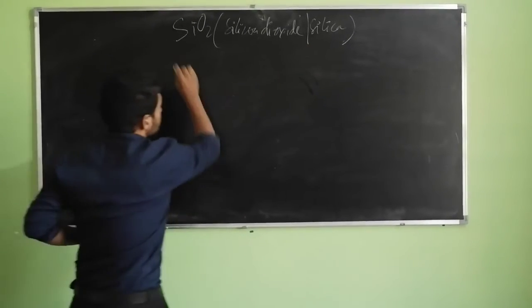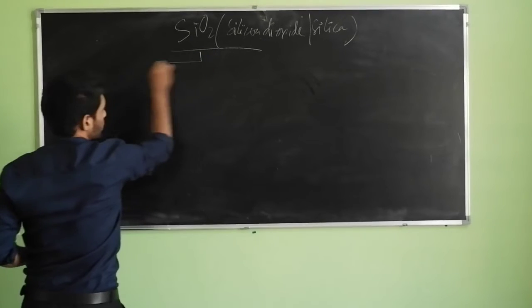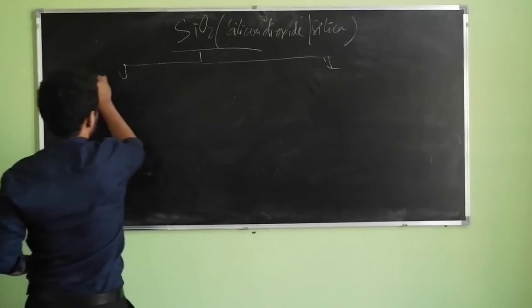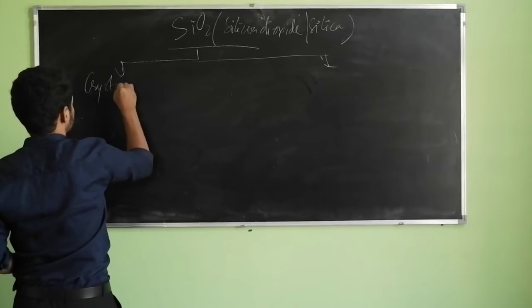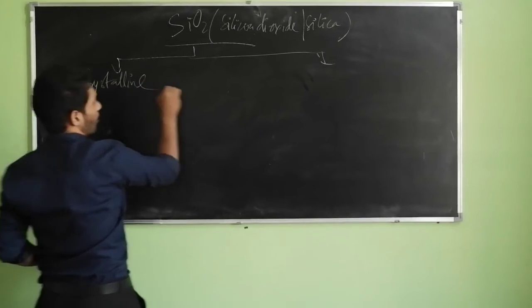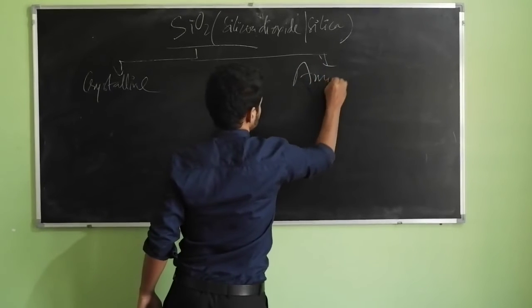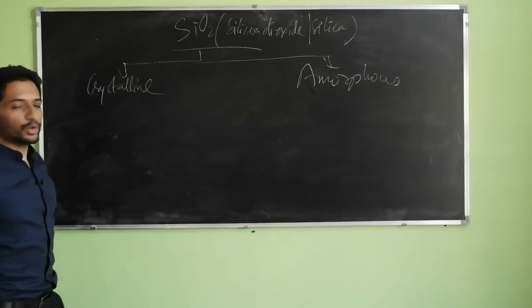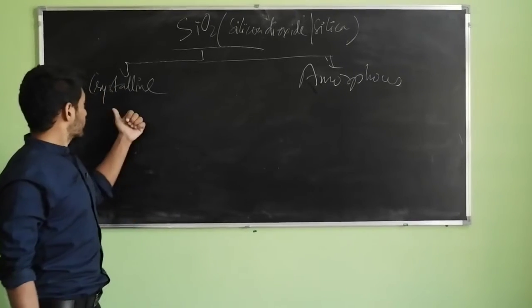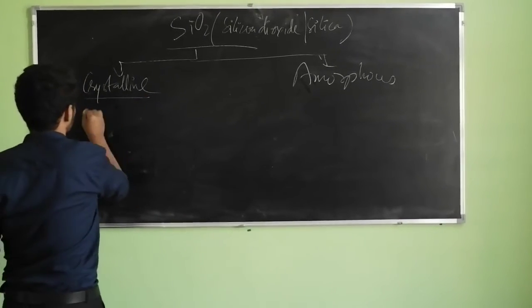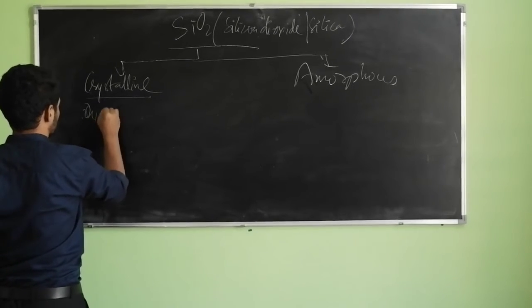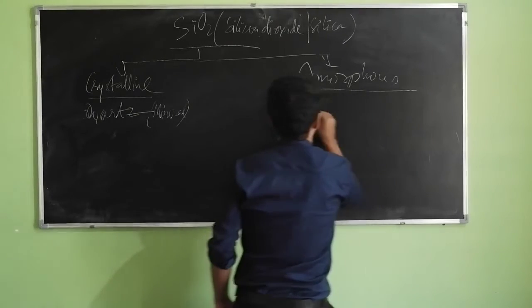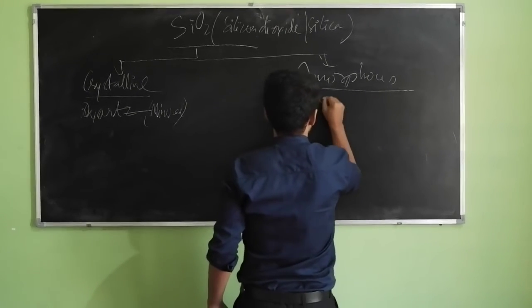Naturally SiO2 exists in two forms: crystalline form and amorphous form. The crystalline form of SiO2 is known as quartz, and the amorphous form of SiO2 is quartz glass.